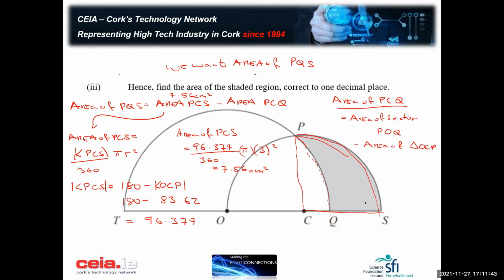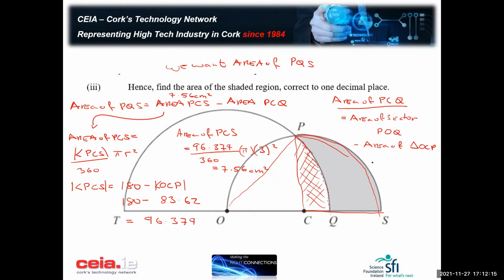So just to go back, what we're interested in now is that red hashed region there. Okay, that is PCQ. And how do we get that? Well, that is the sector, the pizza slice, POQ, of the larger semicircle less this triangle, okay?